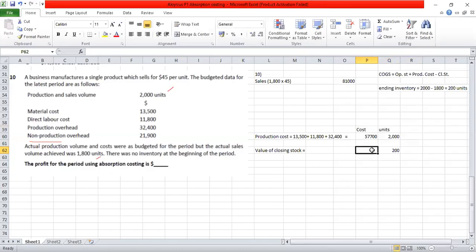How much is it? If for 2,000 it is 57,700, for 200 units, how much would it be? Anyone please respond. At least one student please respond.